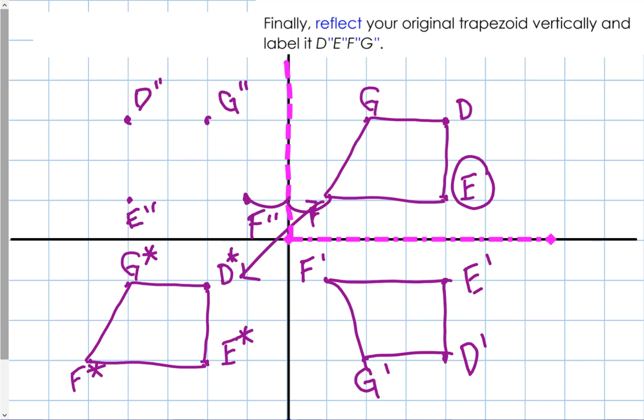We will move that point. Lastly, let's connect those points. And now we have our new image reflected vertically.